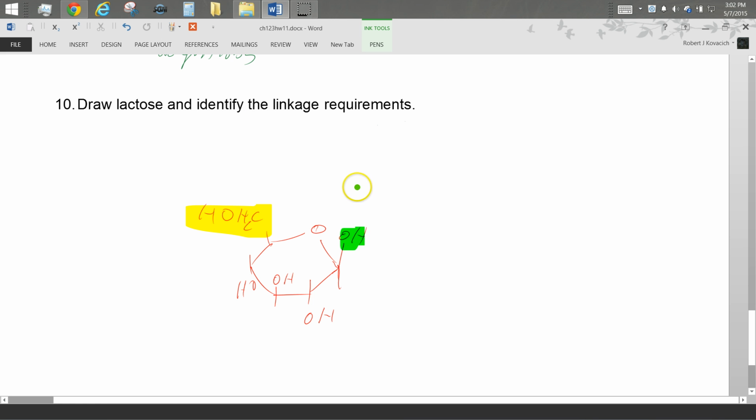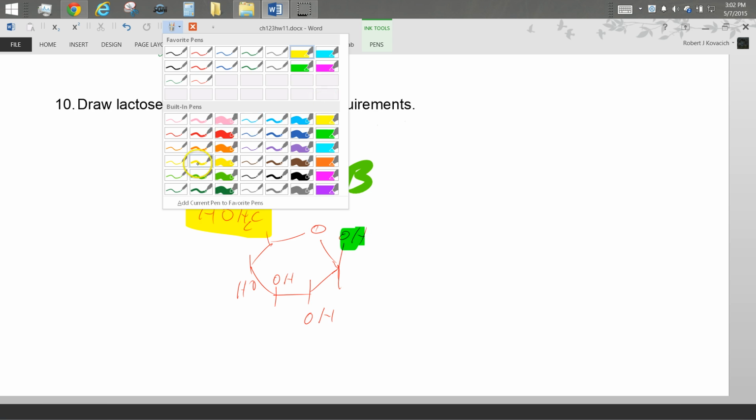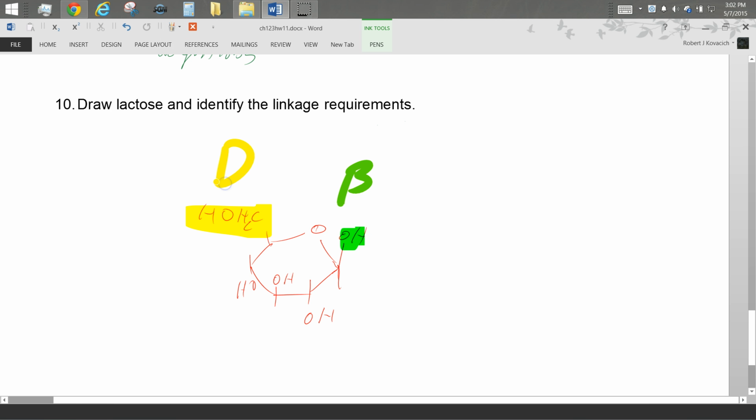So, no, number 4 is down always in a glucose. What I have highlighted yellow means D, and what I have highlighted green is beta.